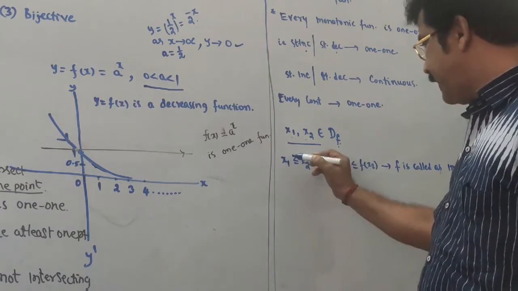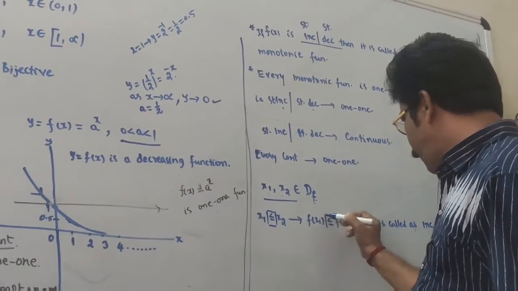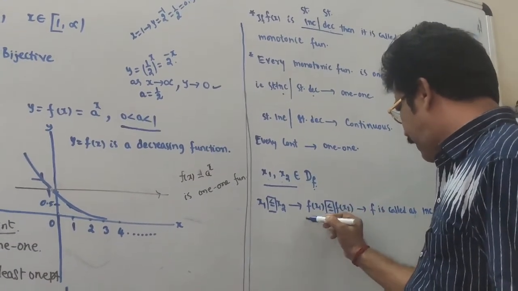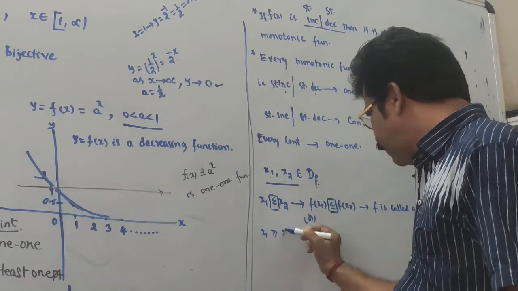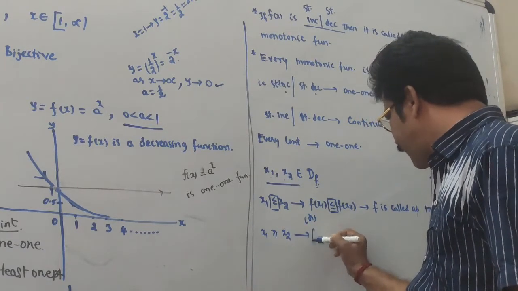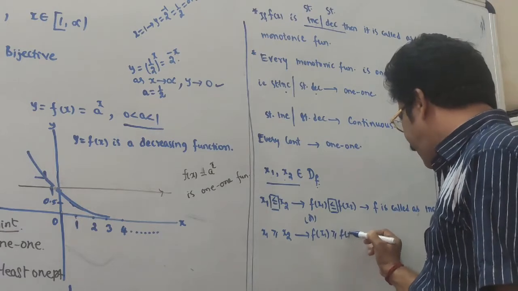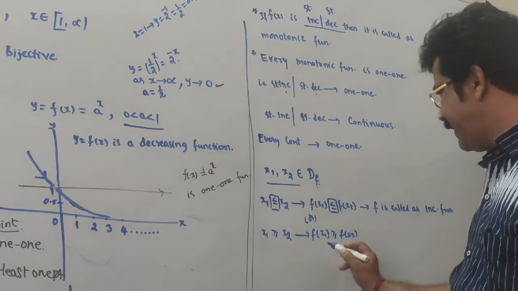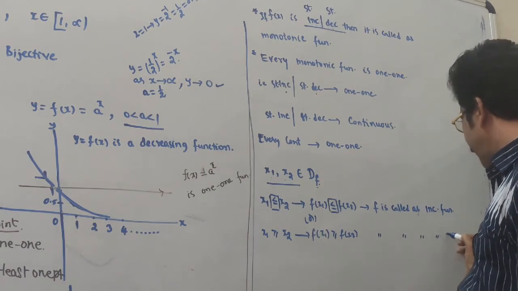Remember, for increasing, the relation is less than or equal to here, and also less than or equal to here. Or we can define x1 greater than or equal to x2 implies f of x1 greater than or equal to f of x2. If this condition is satisfied, then also f is called an increasing function.